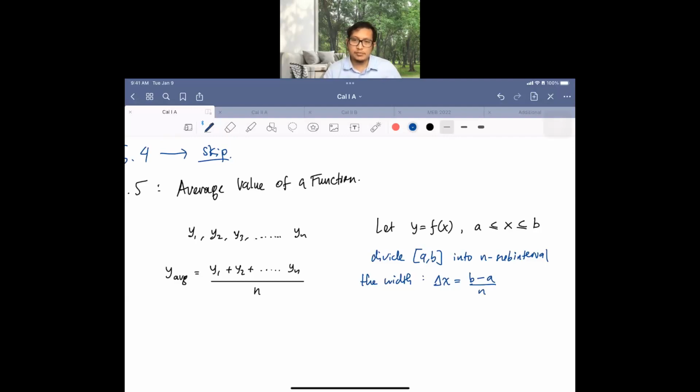If we take some sampling, we choose sample points, let's say x1* up until xn*. This is just to show that it will work for any points you take.